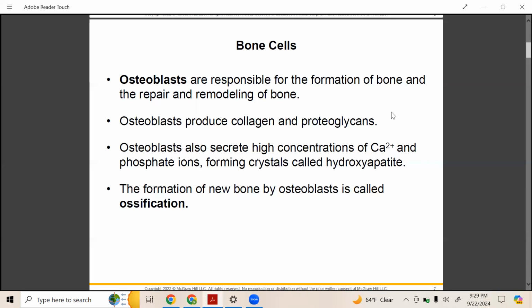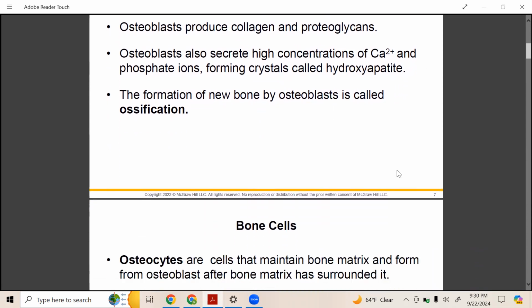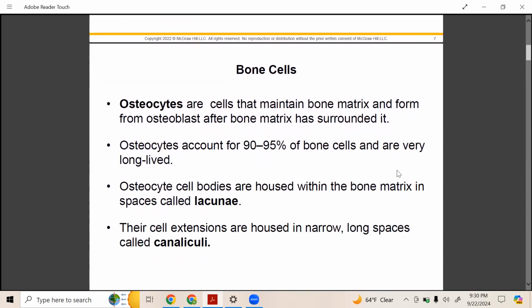They also secrete a lot of calcium and phosphate. These will assist in forming those hydroxyapatite crystals. And when our osteoblasts lay down and form new bone, we call that ossification. Ossification is what creating new bone is called.